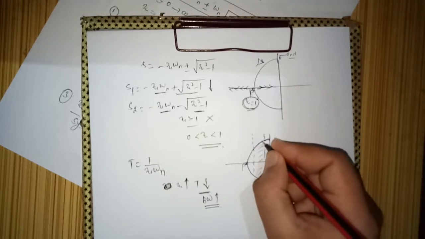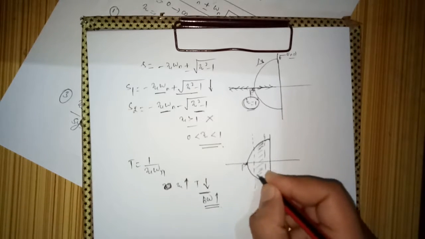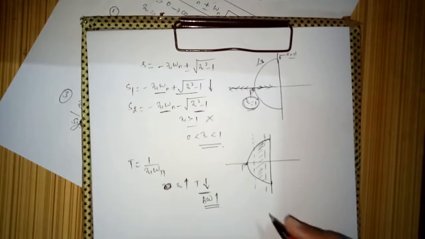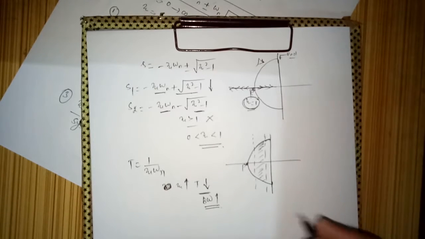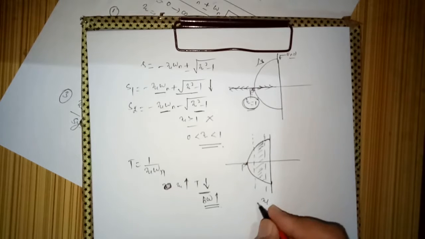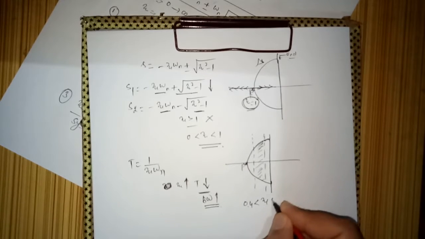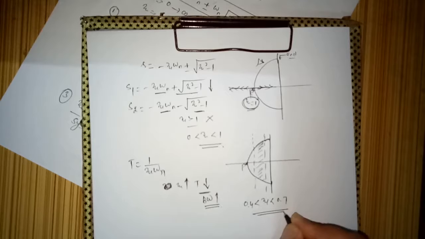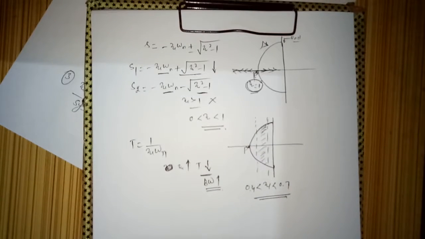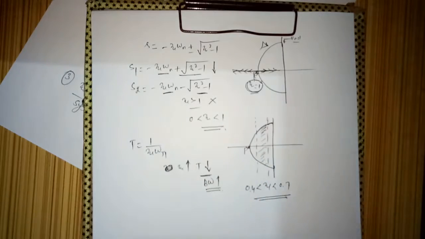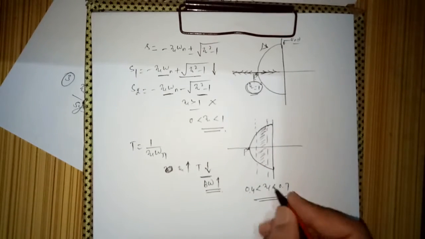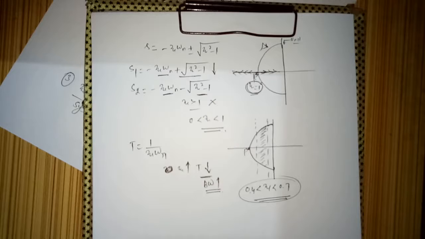So the preferred region of pole location is this. And generally, sometimes it was asked, 0.4 to 0.7 is the best range for zeta to use in any system. So poles we generally want in this region where zeta lies between this range, right?